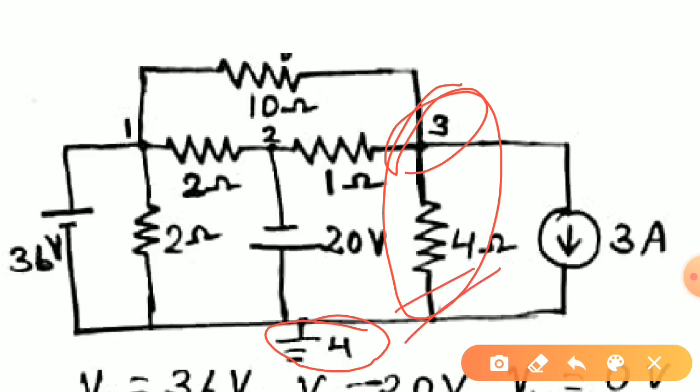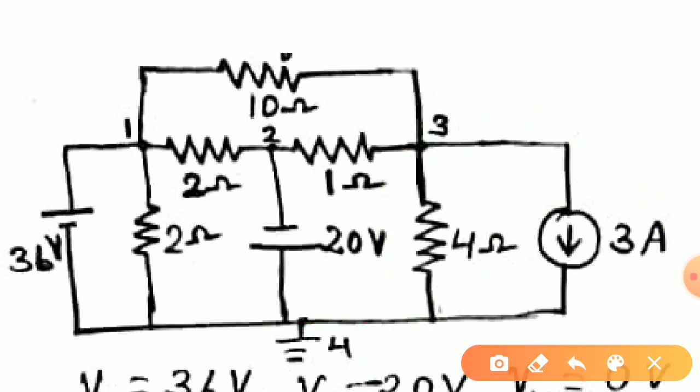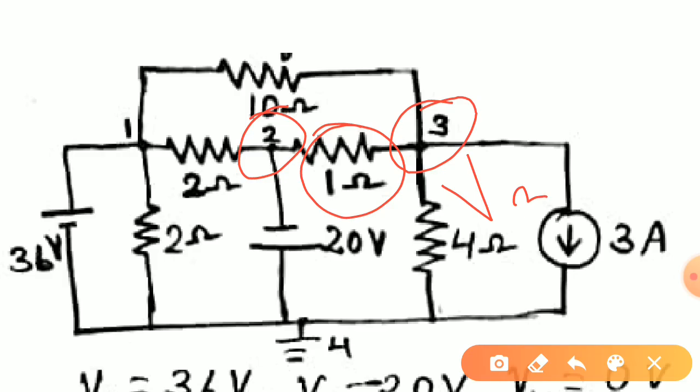So we can write the equation for this resistor as the major node V3 minus the neighboring node upon the resistor connected between them, that is the 4 ohm resistor, plus the next resistor is connected between the third node and second node, a 1 ohm resistor. So we can write the nodal equation or KCL as V3 minus neighboring node upon 1 ohm resistor.